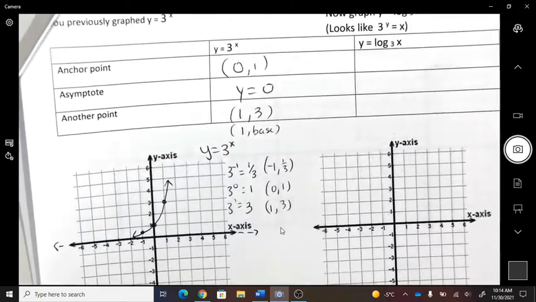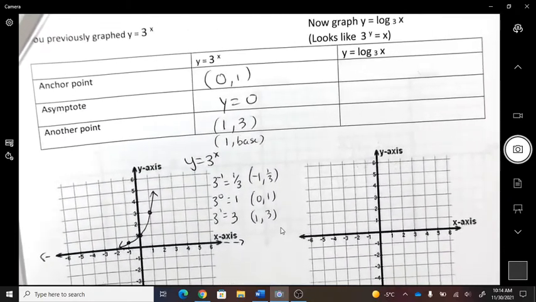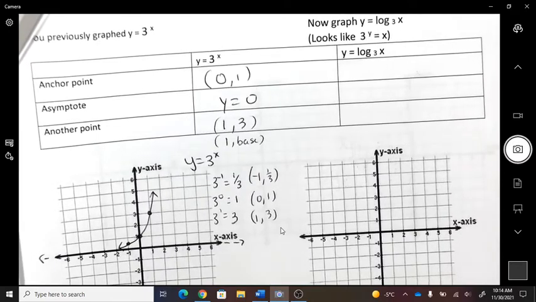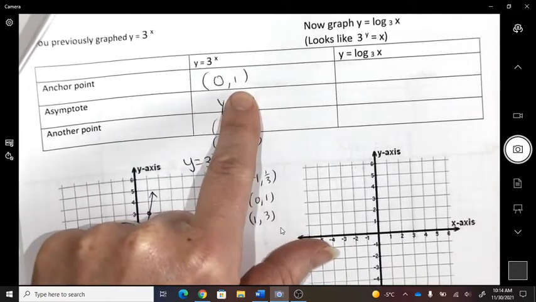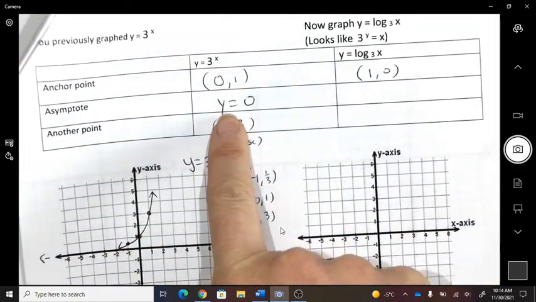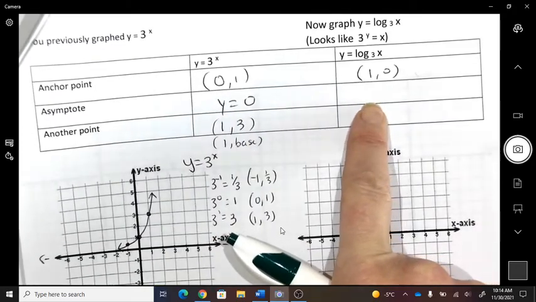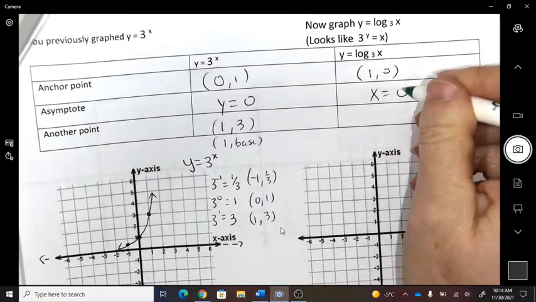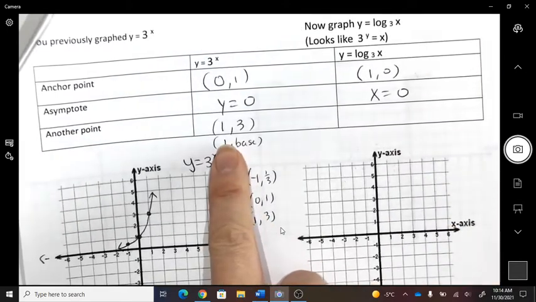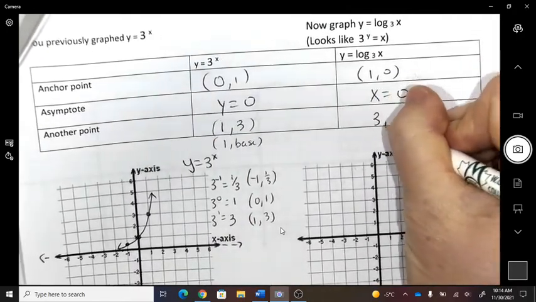Okay, so what kind of coordinates are going to be on our log graph? So how will 0, 1 become on a log graph? 1, 0. If this has an asymptote of y equals 0, this will have an asymptote of x equals 0. Everything is just switching x and y. So this will now have a coordinate of 3, 1.